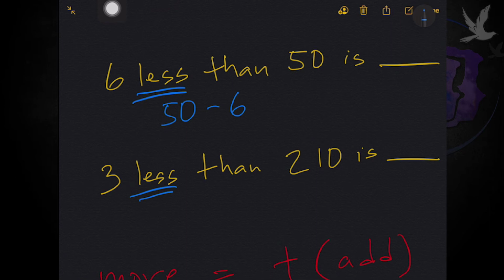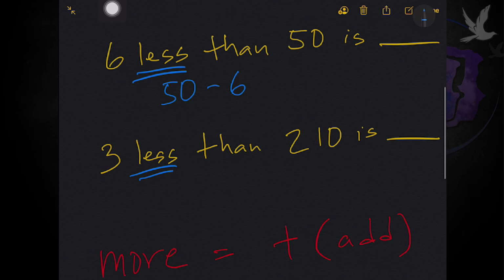If you're going to do the method of counting backwards, we start with 50. Going backwards, we have 49, 48, 47, 46, 45, 44. Let's count that. We have to remove 6 units.